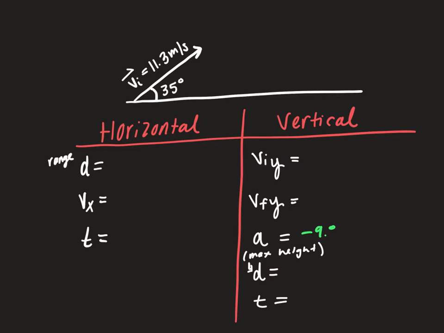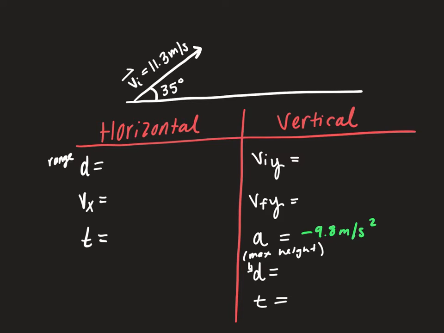Negative 9.8 meters per second squared. What is the Vx equal on? That is our horizontal velocity component. So vertical, initial vertical velocity?